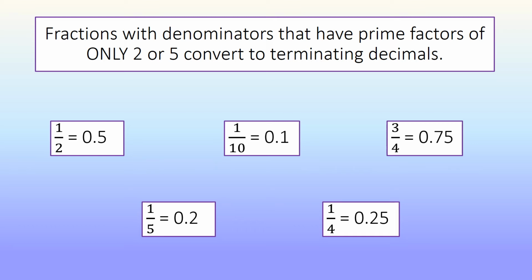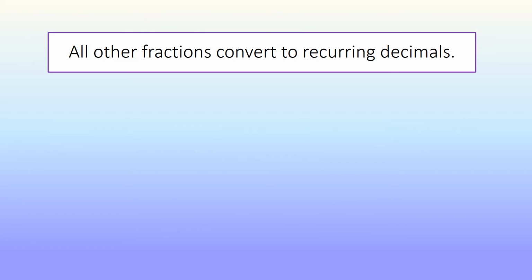So the rule is that if the prime factors of the denominator are only 2 or 5, they will convert to terminating decimals. They won't be recurring. So all other fractions convert to recurring decimals.